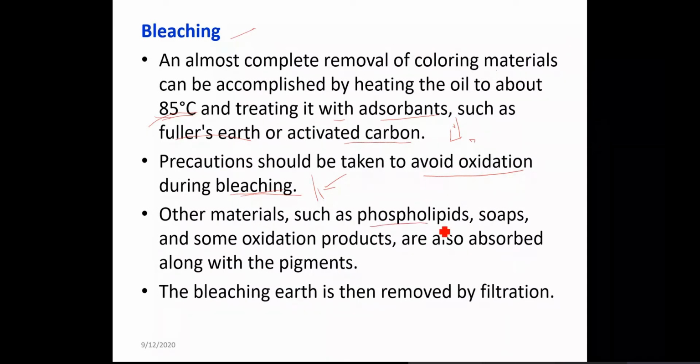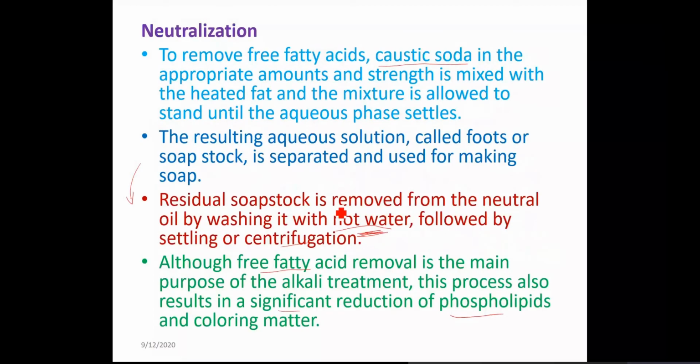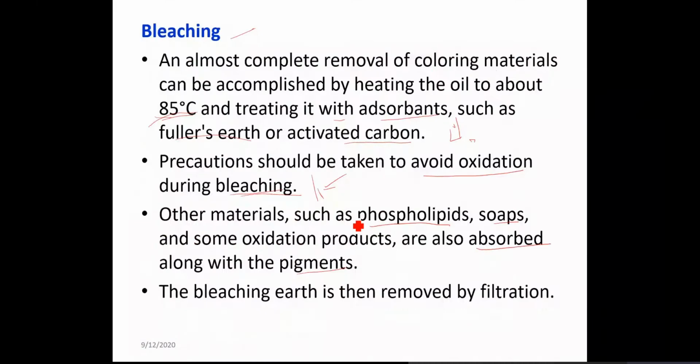Other materials such as phospholipids, soaps, and some oxidation products are also adsorbed along with the pigment. Suppose a few of these compounds remain from the previous process. See, in the previous process also multiple washings are given with a lot of water, but in case some residue remains, in this process these things also get removed along with the pigments.